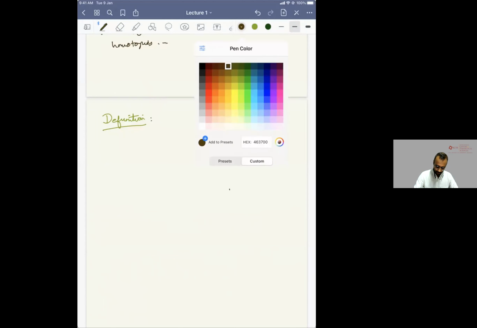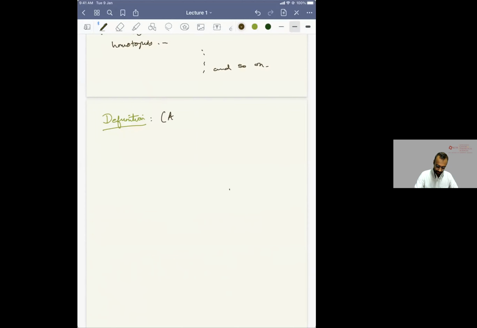So here's a definition of the abstract n-simplex. The abstract n-simplex, which I'll denote as n, is the category, the poset, the totally ordered set with n+1 elements thought of as a category.